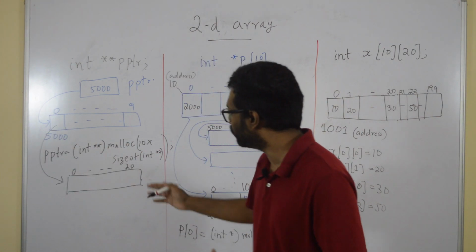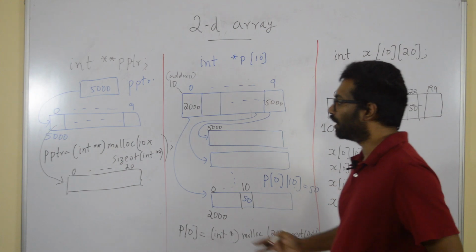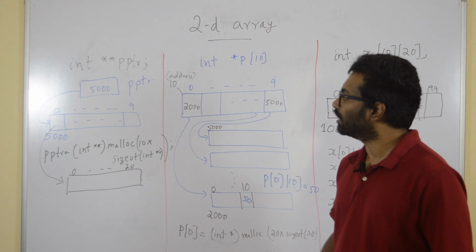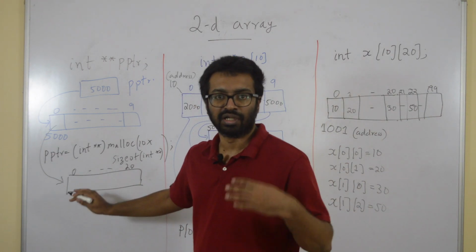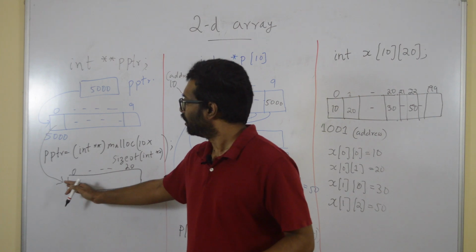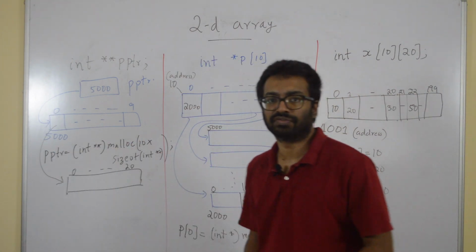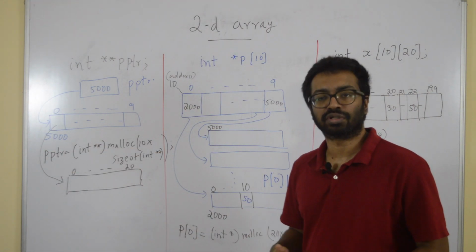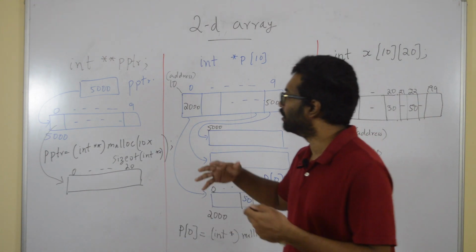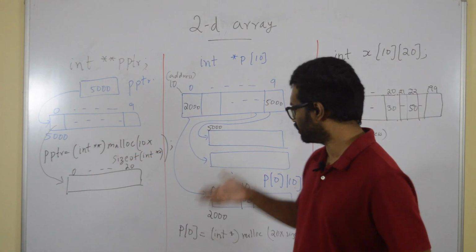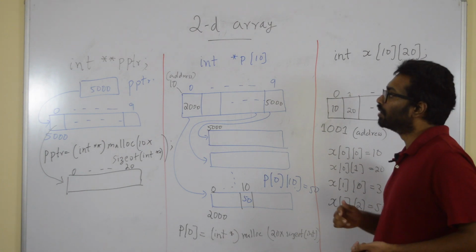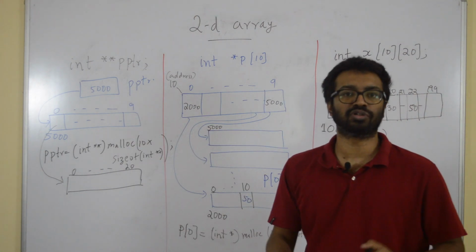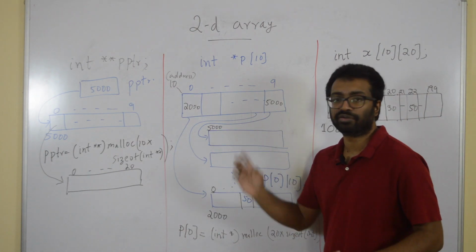So first we allocate one, exactly like what we did here. We allocate a block of memory of size 20 integers, and the first address is then stored at the 0th index of pptr. Then we again create another array and store its value in the second location, etc., just like we did here. So the only difference between this and this is that here the initial array is also dynamically allocated, on the other hand here it was statically allocated.